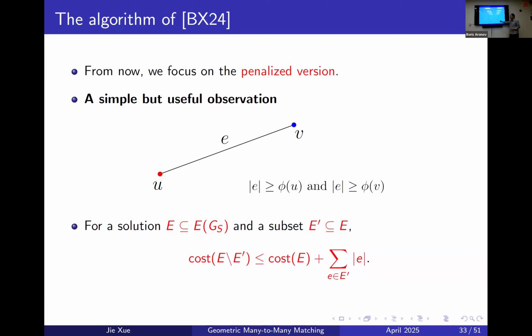This inequality is a bit counterintuitive, because usually when you remove edges from your solution, your cost should decrease by this amount. But now in this problem, when you remove edges, your cost can increase, but can at most increase by the total length of the edges you remove. And this turns out to be a very important inequality, which is used in our algorithm.